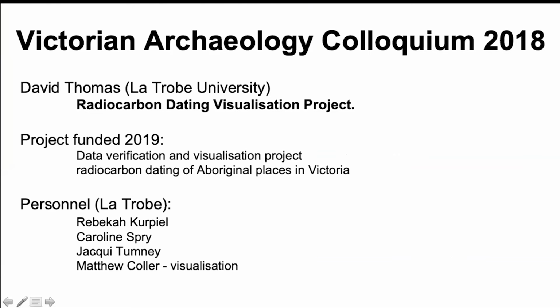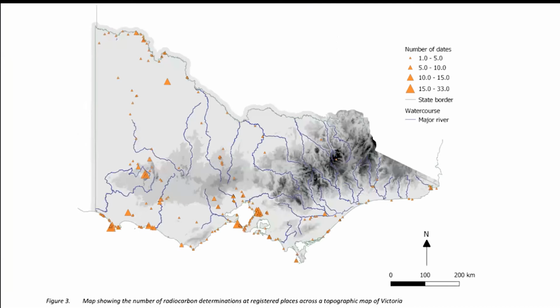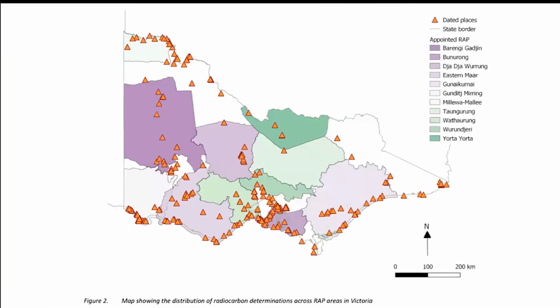Beck, Caroline, Jackie and David have been hard at work, verifying all the different dates, collecting all the extra dates, and calibrating them based on the new Southern Hemisphere calibration curve. So this is the distribution of dates that they have, also with respect to cultural areas.